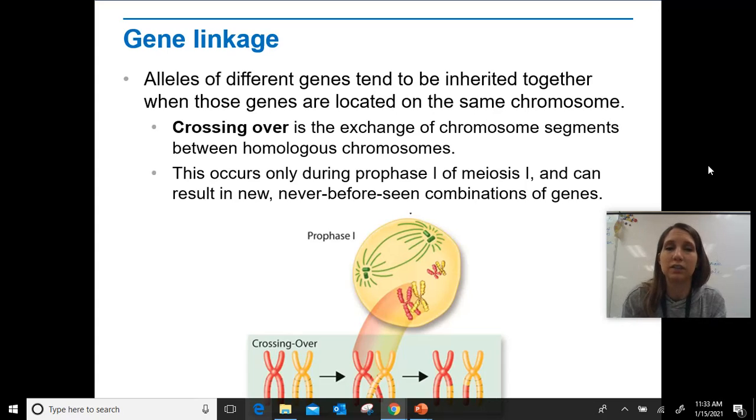But it's more likely to happen when you have alleles for traits that are further apart. That's where you get that mixing. If they're super close together, it's not likely that they get separated, and it's not likely that that genetic information gets exchanged. Okay. Again, as I mentioned just a few minutes ago, this occurs only in prophase 1 of meiosis 1. And again, we can create lots of really cool and unique combinations of genes through this process.